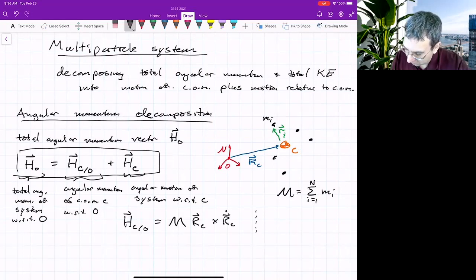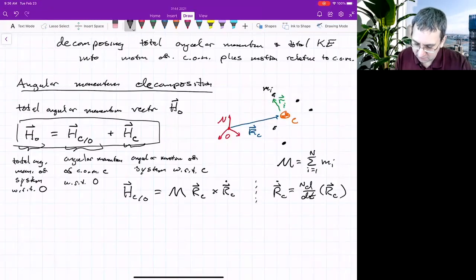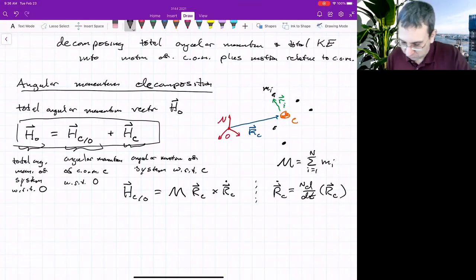And just to remind ourselves, what do we mean by this over dot? We mean derivative with respect to the inertial frame N. So that's the angular momentum of the center of mass with respect to this inertial origin O.